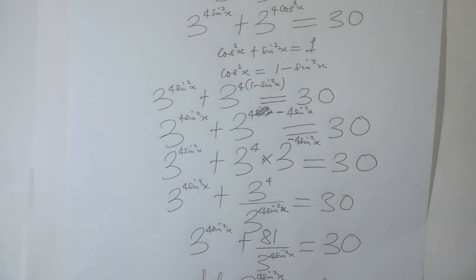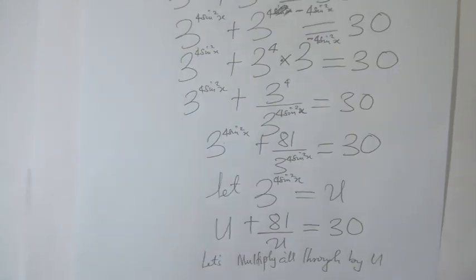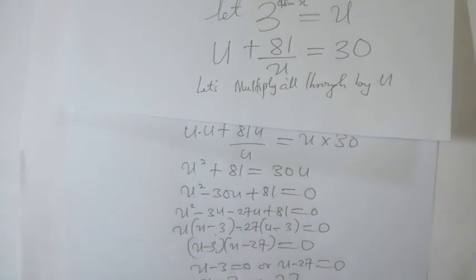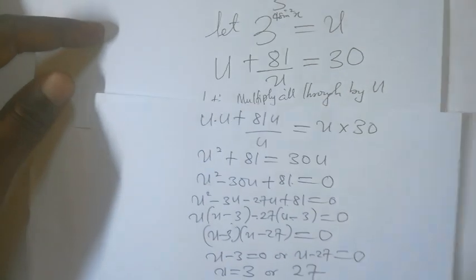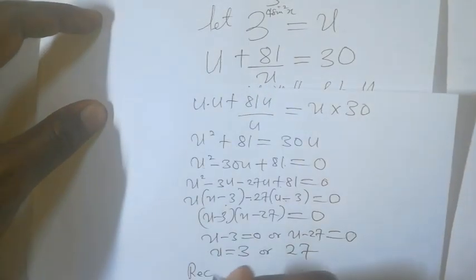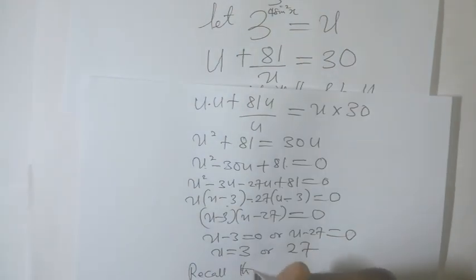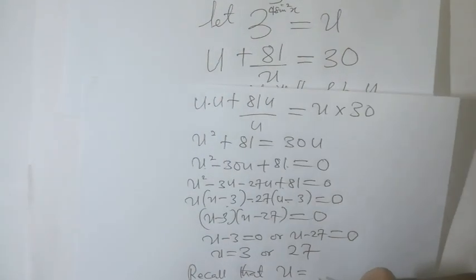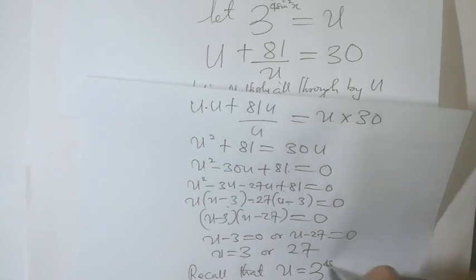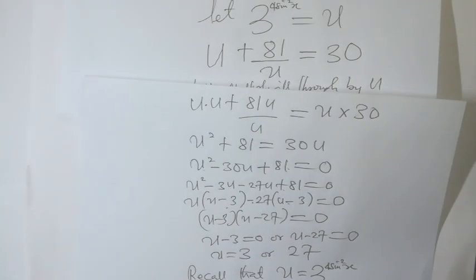So in that case, we are going to recall our value of u. We said, but recall that u is equal to what? 3 to the power of 4 sine square x.